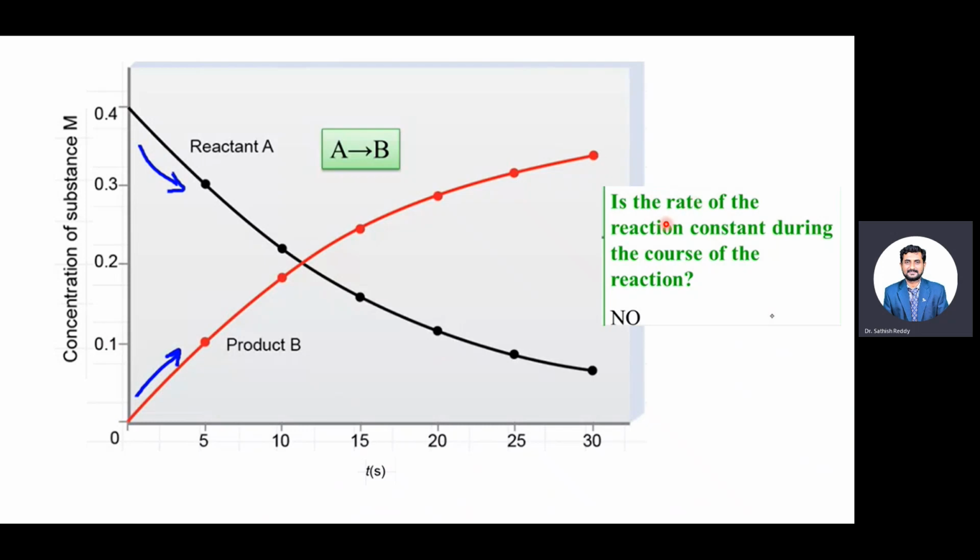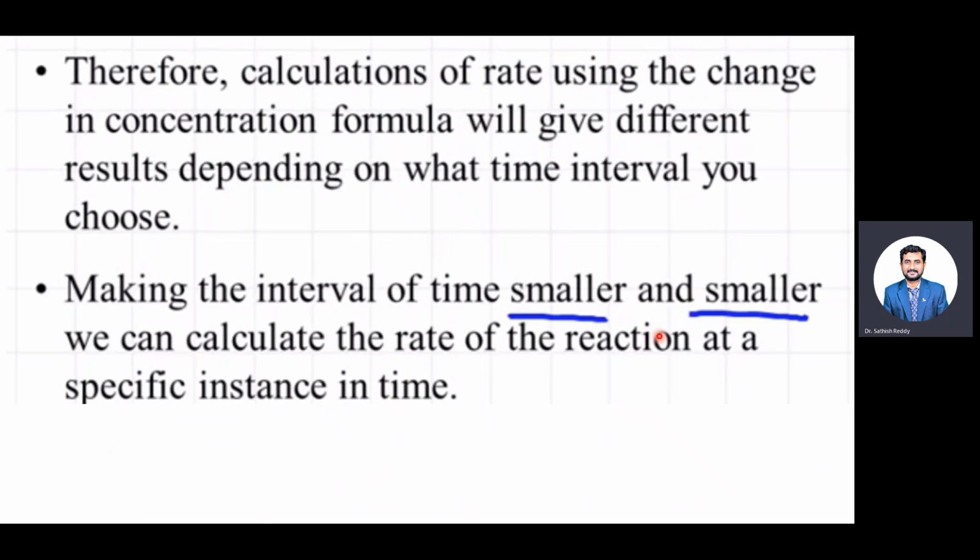Is the rate of the reaction constant during the course of the reaction? No. The answer is no. Therefore, calculation of rate using the change in concentration formula will give different results depending on what time interval you choose.